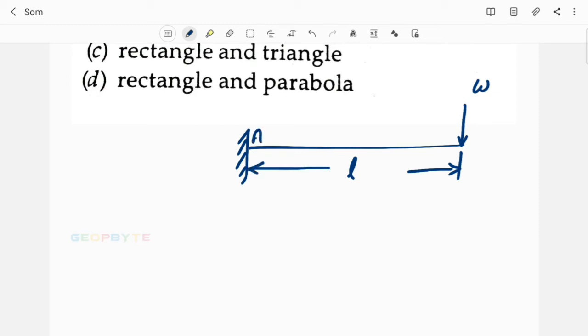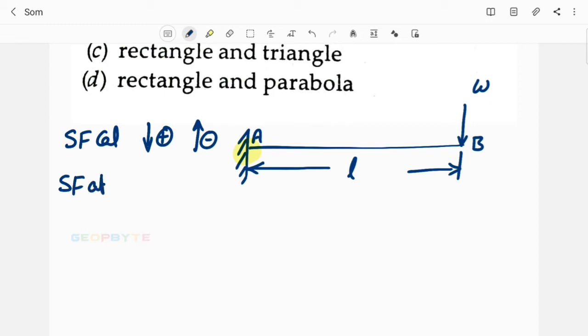The fixture is A, the load point is B. Directly I can go for shear force calculations because it doesn't have any supports. It has only one fixture, that is at A. Shear force calculations. Downward forces I am going to take positive, upward forces negative.